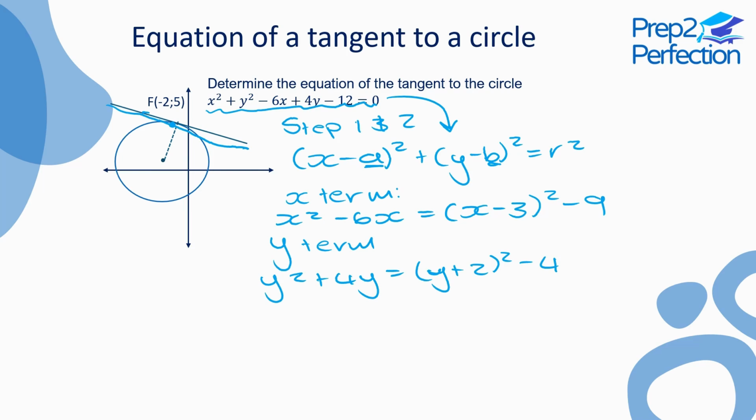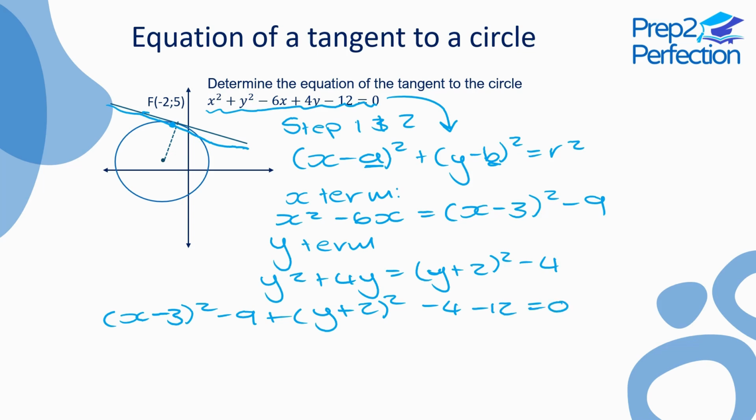Then from here we sub it back, so (x − 3)² − 9 + (y + 2)² − 4 − 12 = 0.